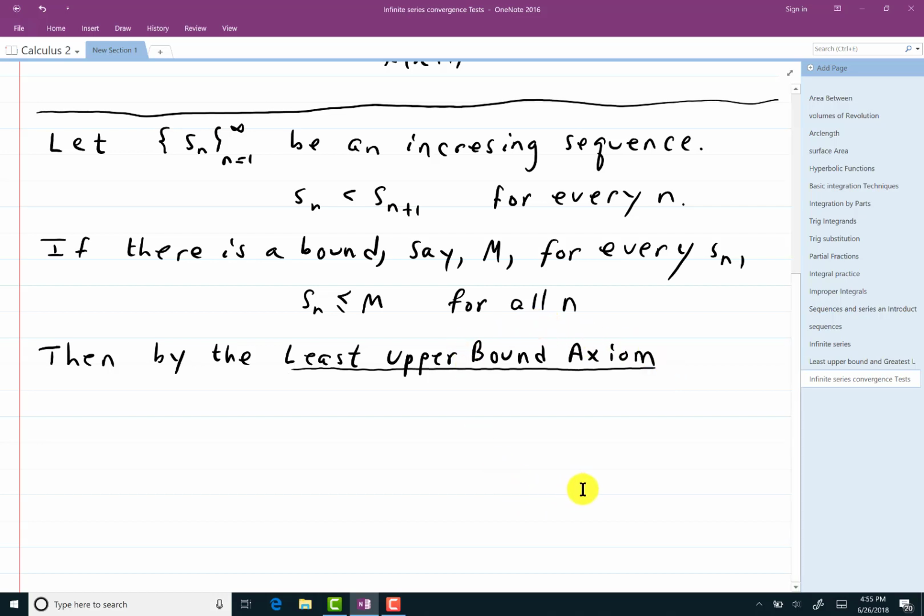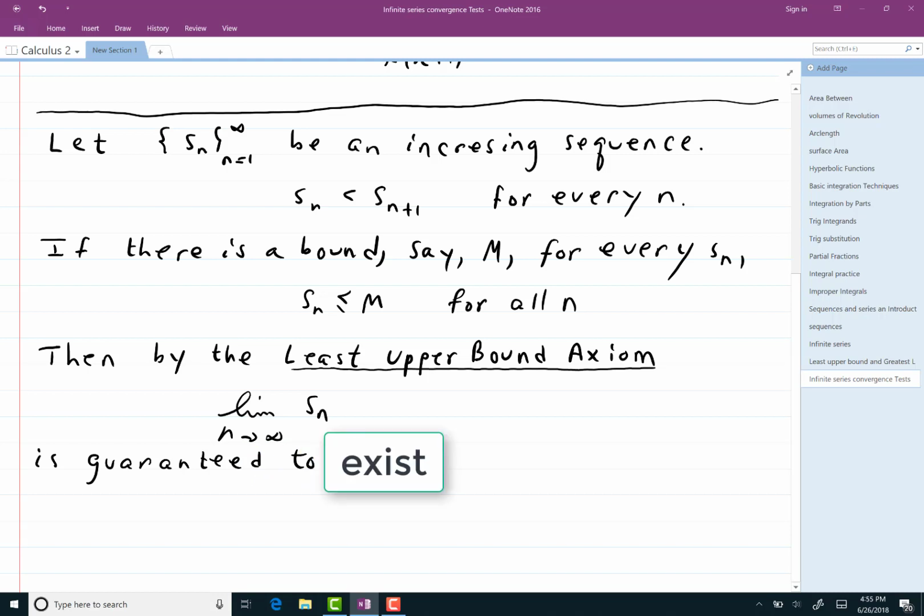So by the least upper bound axiom, the limit as n goes to infinity of s sub n is guaranteed to exist. In fact, if you choose the right m, say the m happens to be the least upper bound of all the Sn's, well, that happens also to be the limit of this thing. So many times, though, we don't actually know what the least upper bound is. All we know is that the thing is limited. Let me give you an example of what I'm talking about.